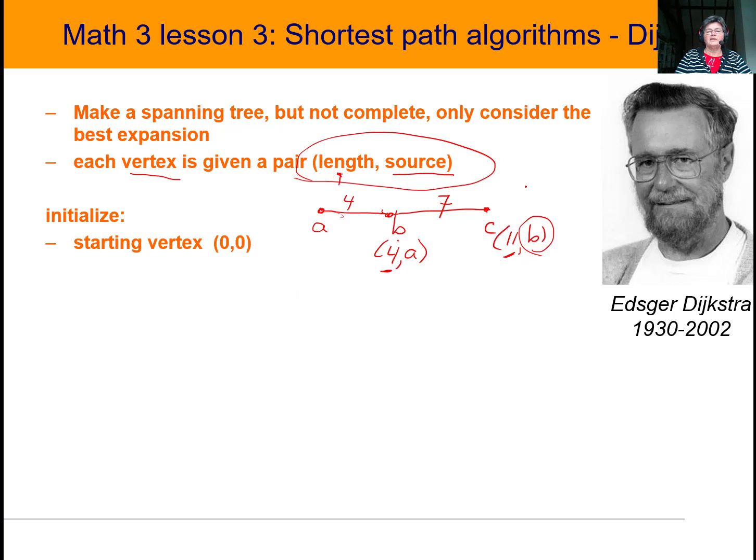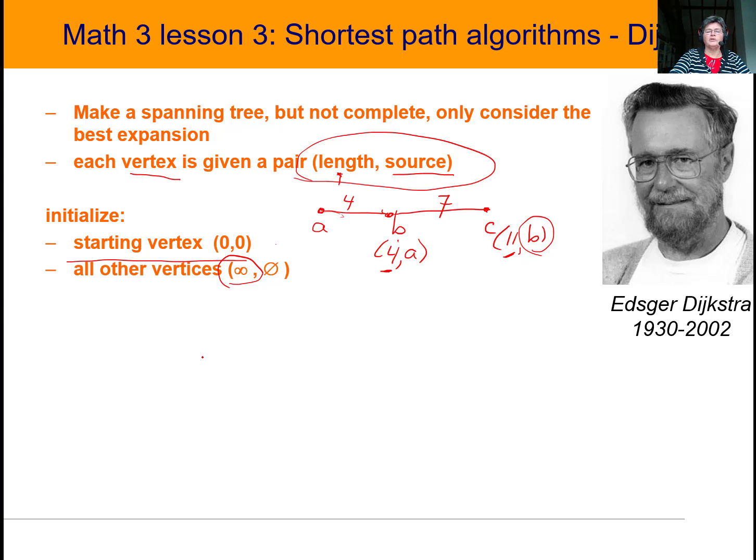Okay, to calculate this, we initialize the starting vertex with 0. We didn't go anywhere yet, and we didn't come from anywhere. We are here, 0, 0. And all the other vertices are initialized with infinity, because every time I come there, the route so far will be shorter than this infinity, and I don't have a source yet, so it's still empty.